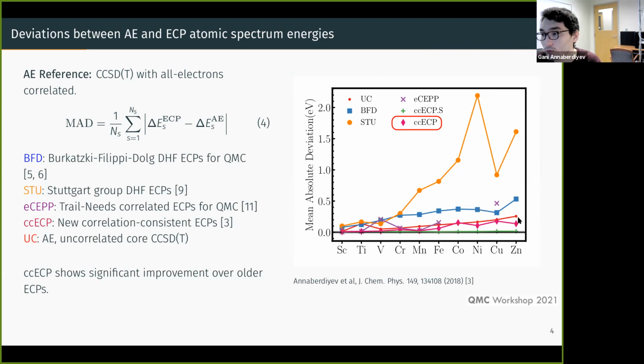In fact, it's actually below the uncorrelated core for most of these cases. So one can do a significant improvement using the same ECP form, and we can obtain such an improvement over older generations of ECPs.